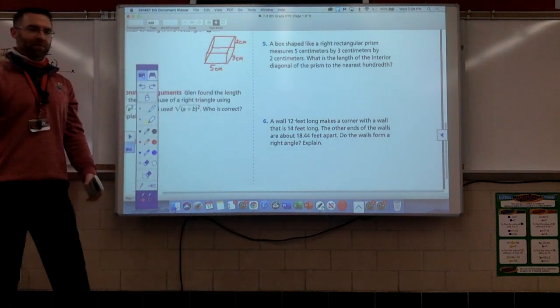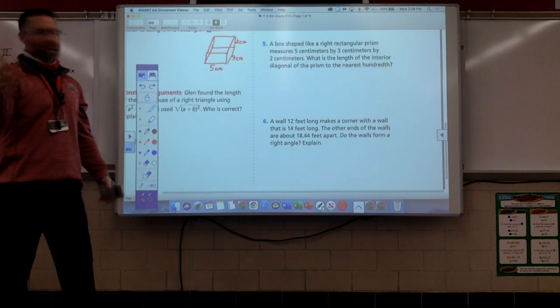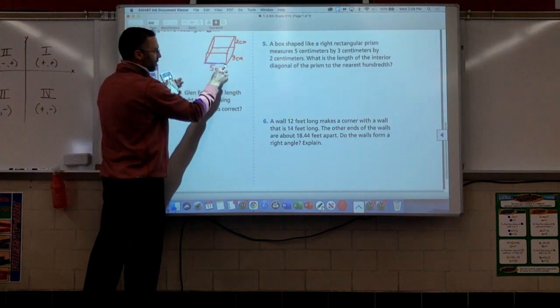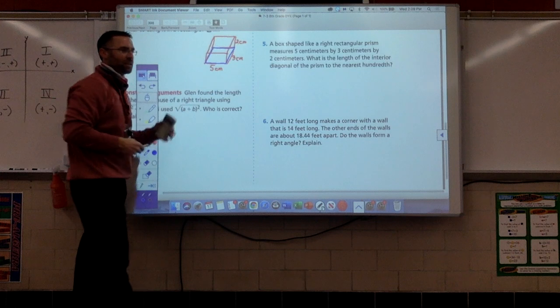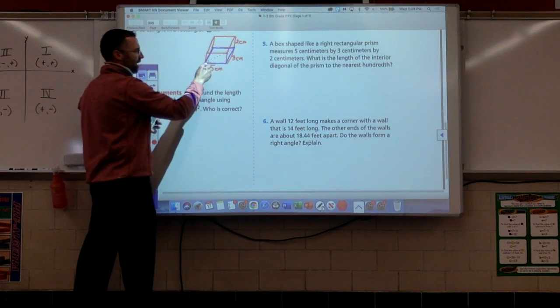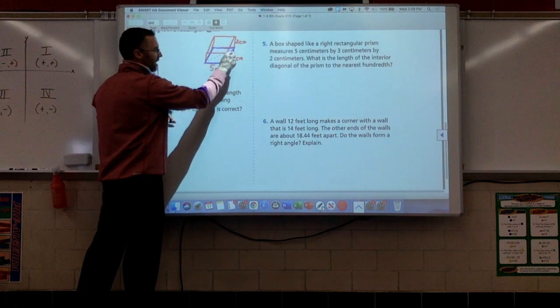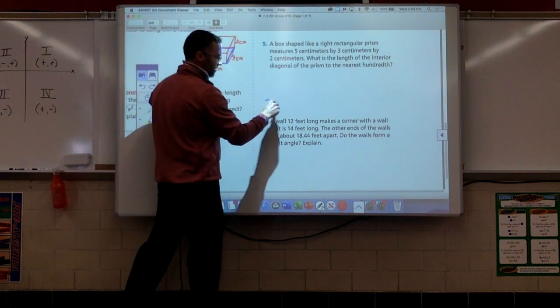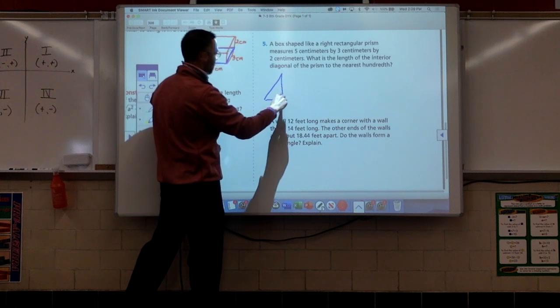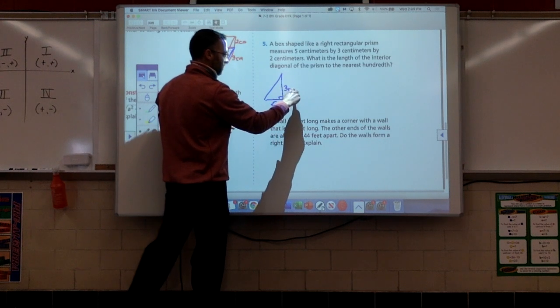Now this is where we have to find the hypotenuse of the base. I need to find the length of this diagonal. The first triangle has a 5 centimeter side and a 3 centimeter side.